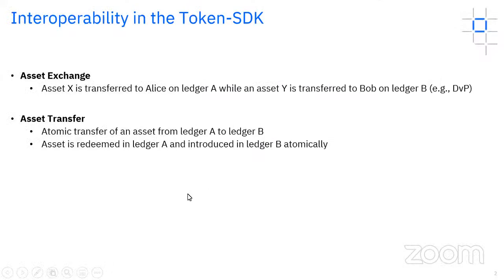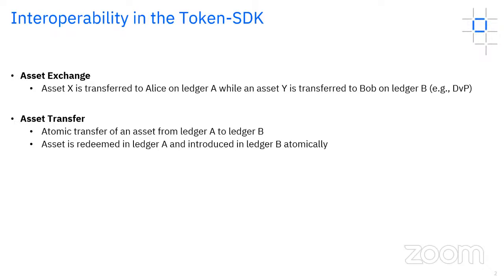It looks great. Okay. There are two use cases that we focused on for interoperability in the token SDK. The first one is asset exchange, which Corentin and Clément touched upon earlier: you want to exchange, let's say, CBDC for securities, and you want this exchange to happen atomically, in the sense that an entity can only receive the securities if they pay for them, and vice versa.